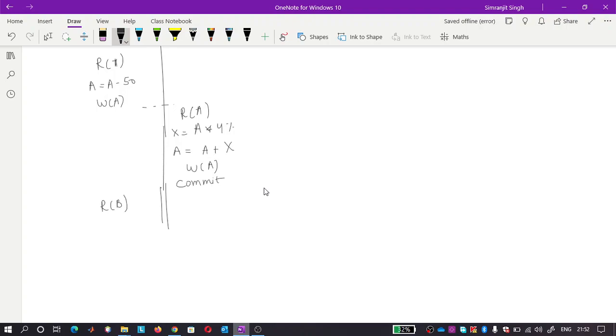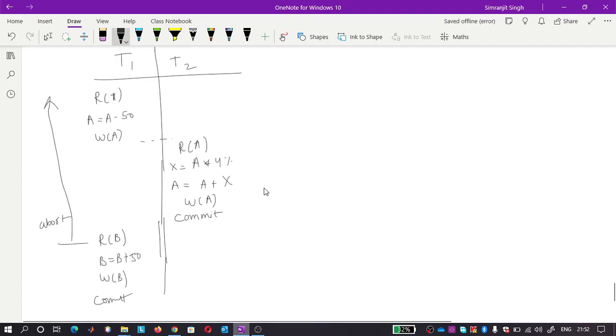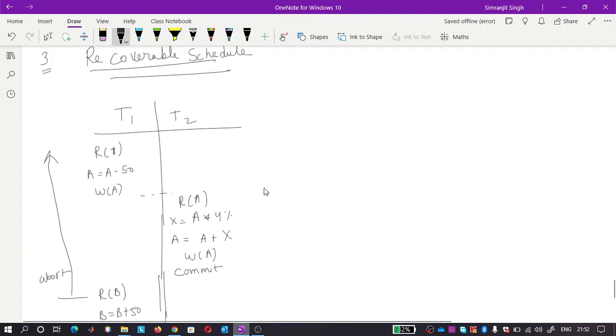Now, when it tries to update here, the transaction fails. So I'm taking the same example here. Abort, everything is rolled back. Okay, check here. Now, this is an example of a non-recoverable schedule. Okay, so I want to give you an example of recoverable and non-recoverable. So I'm first giving you an example of a non-recoverable schedule.